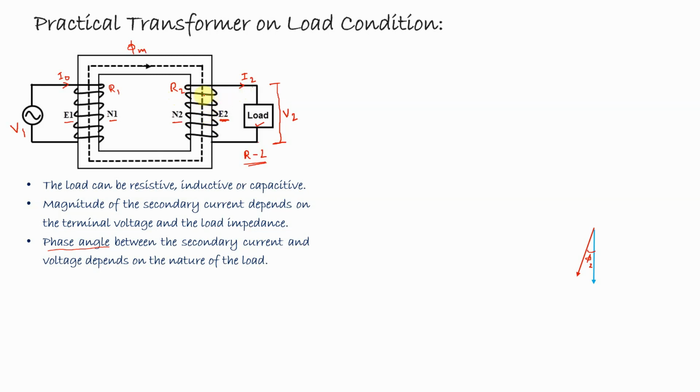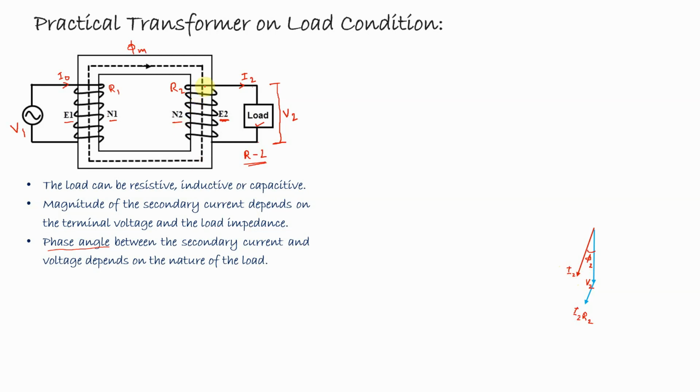So this resistive voltage drop should be in phase with the current. Therefore, here it is the resistive drop in the secondary winding. This is I2 into R2. It can be considered as V2 and here it is I2.